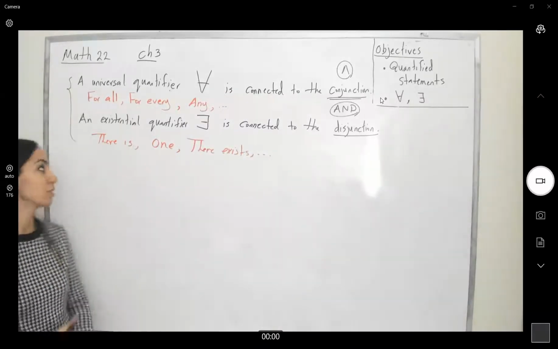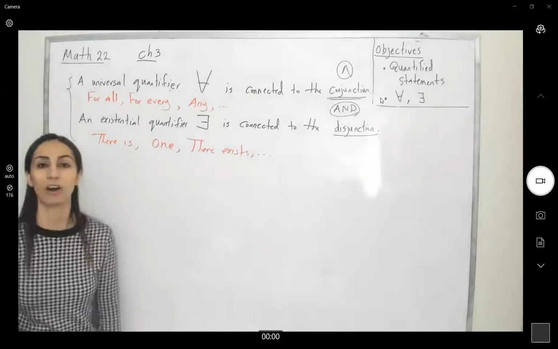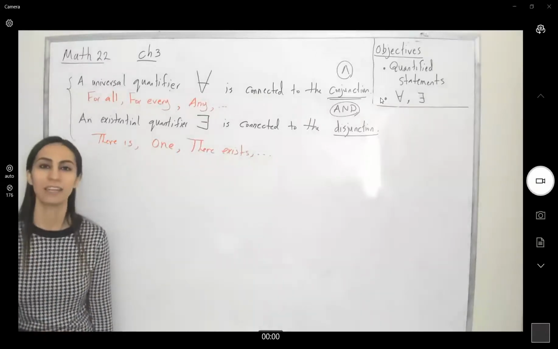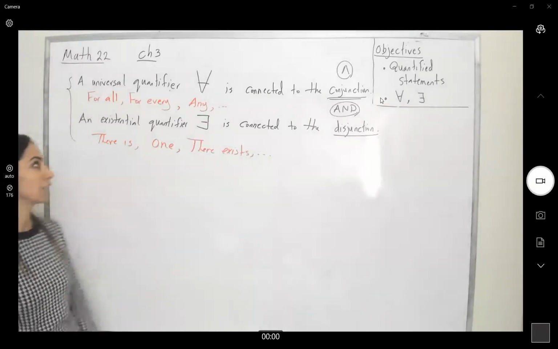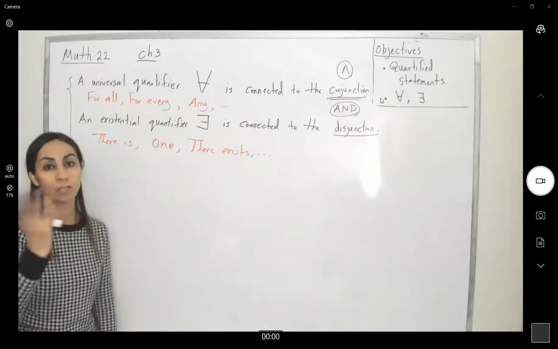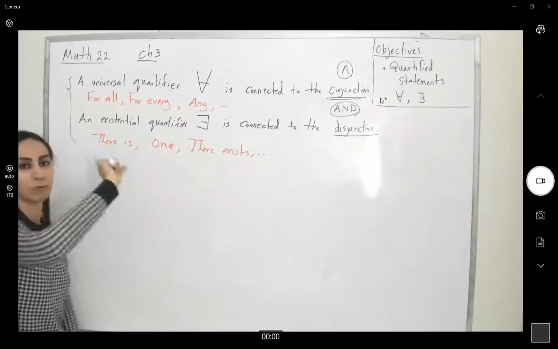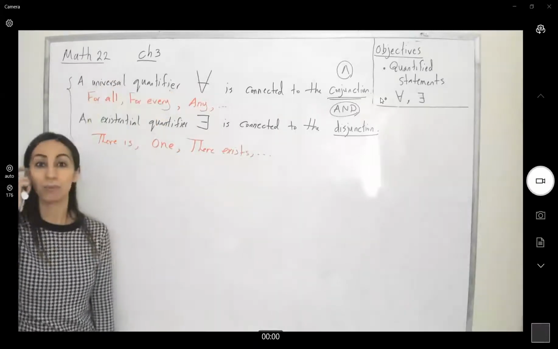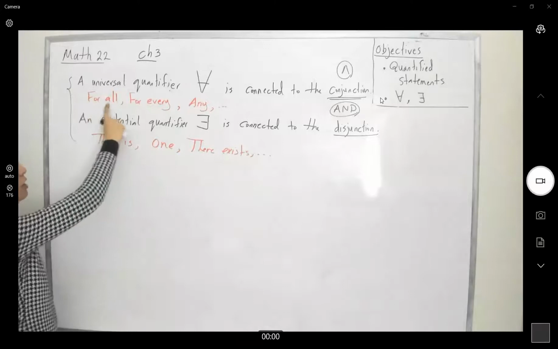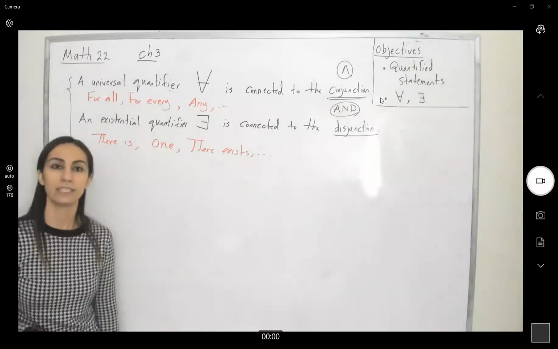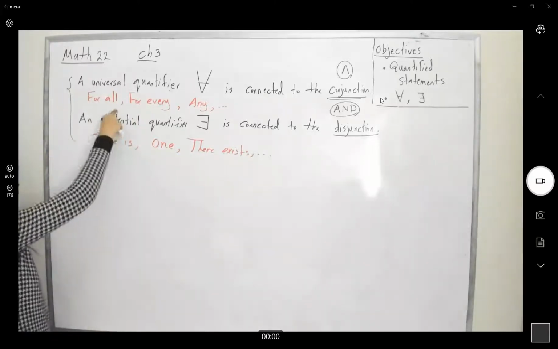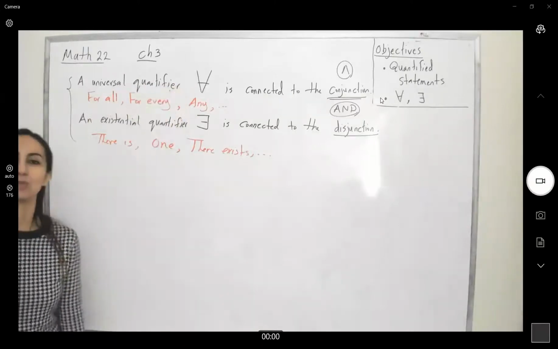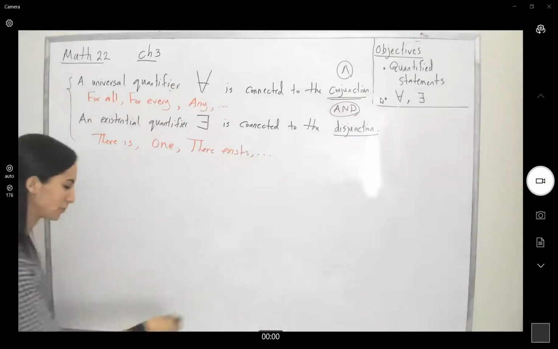Or if you have there is one, there exists in a sentence, and you want to translate that into a logical form, you're going to use the flipped E, or existential quantifier. If you have an example which says, hey, for all, for every, for any in general, you're going to convert that into a universal quantifier.